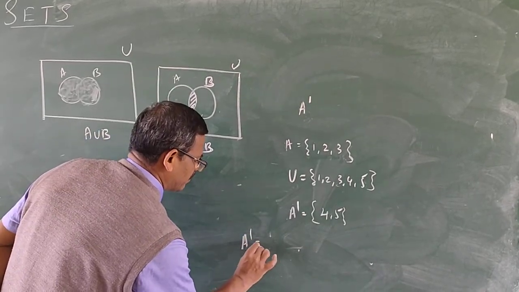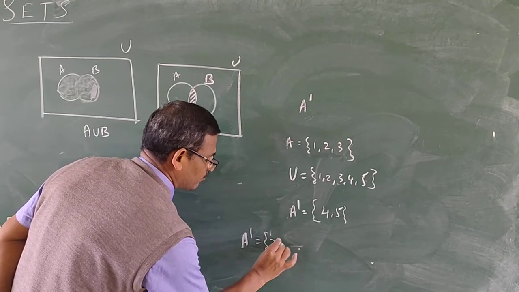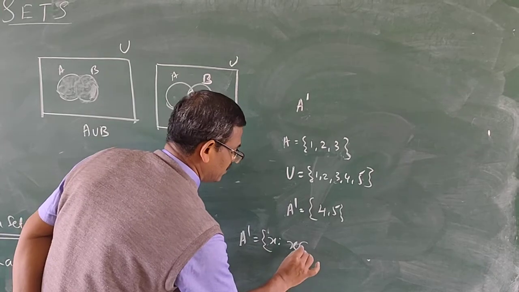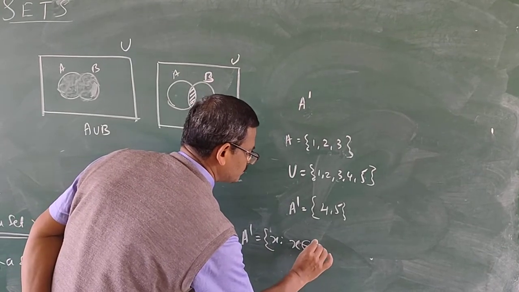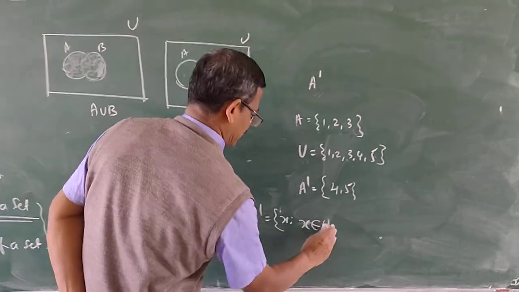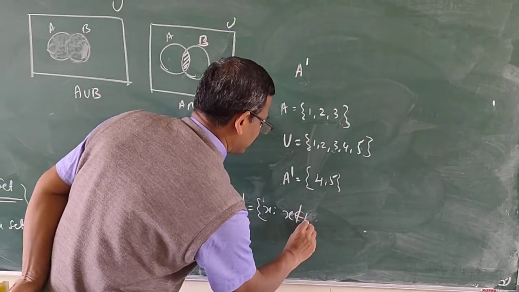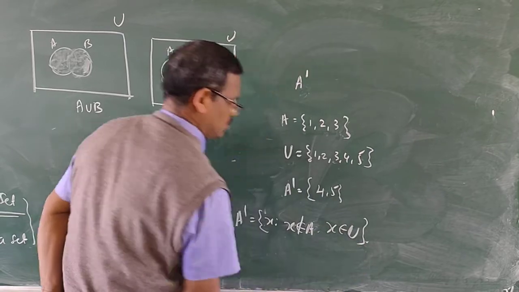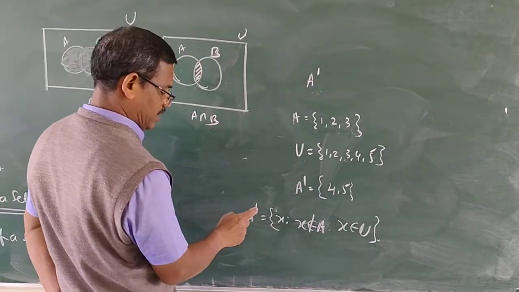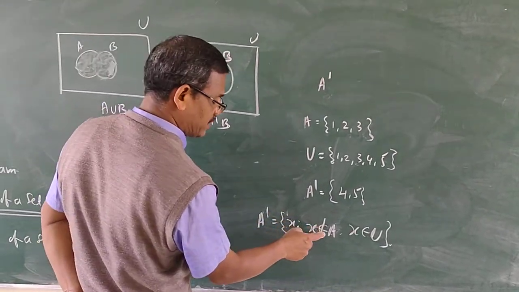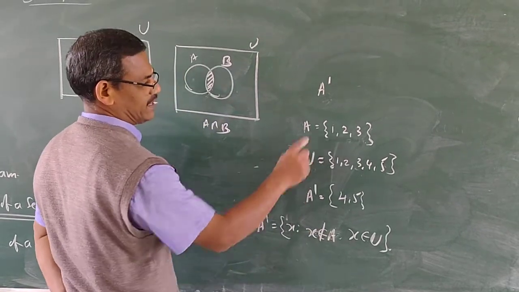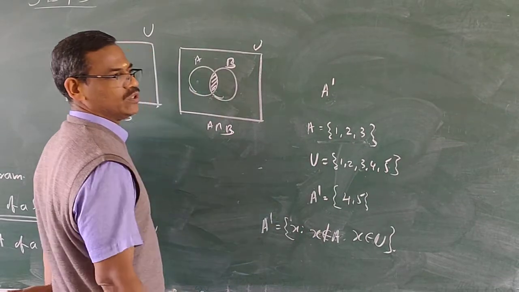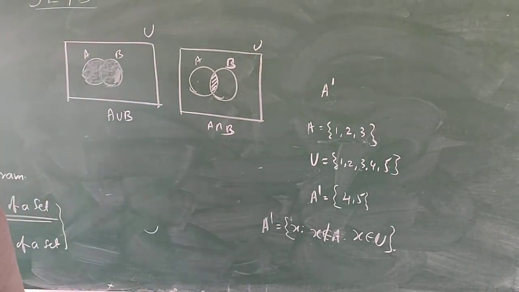A complement in the simple form is the set of all x such that x is in U, x is not in A but x is in U. So A complement means the set of all elements not in A, but which are there in U. That is the complement of a set.